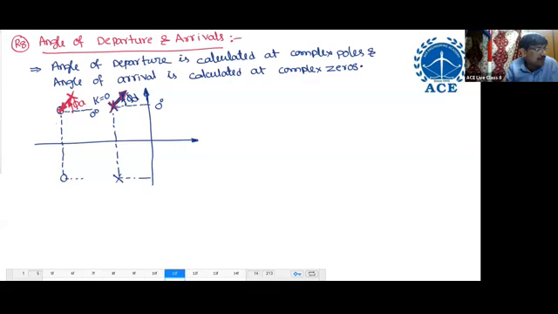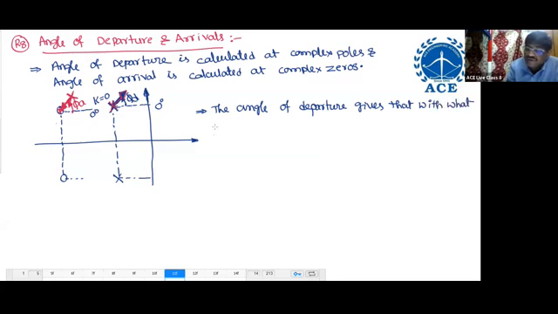So write it down: the angle of departure gives that with what angle the pole departs or leaves from the initial position.